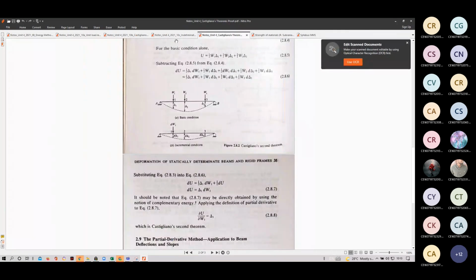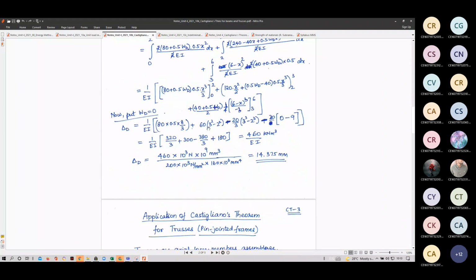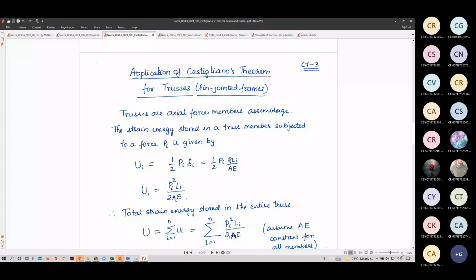This is for beams. Now let us move forward. I want to do Castigliano's theorem for frames, for trusses, which are called pin jointed frames. Okay, so I hope you all have a basic concept of trusses.